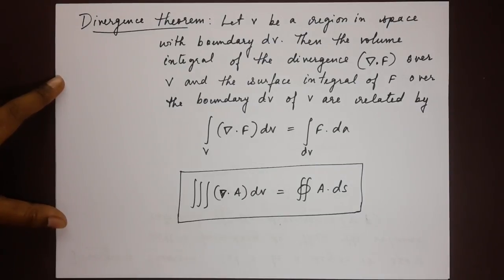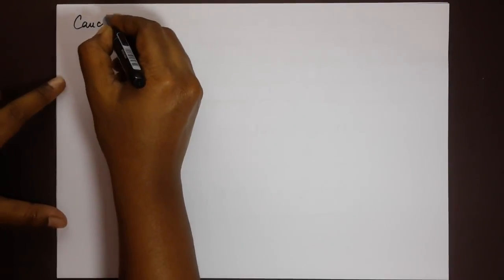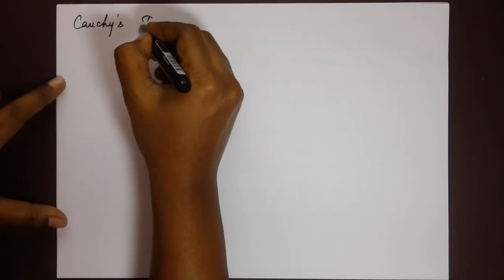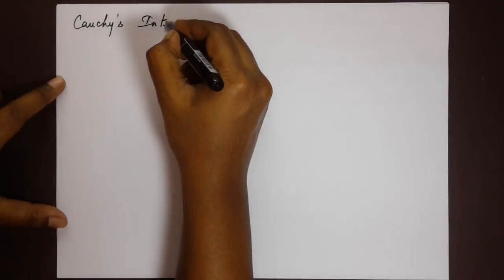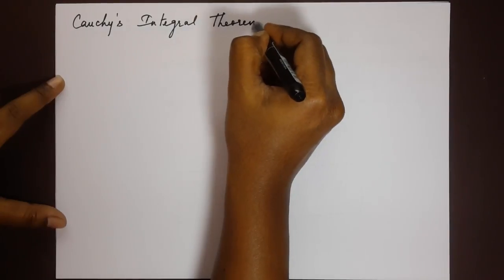Next, let's look at Cauchy's integral theorem. Now Cauchy's integral theorem works on an analytic function. Now when you see the word analytic, it has to do with the Cauchy-Riemann equations. So we'll note that down now. Cauchy's integral theorem.